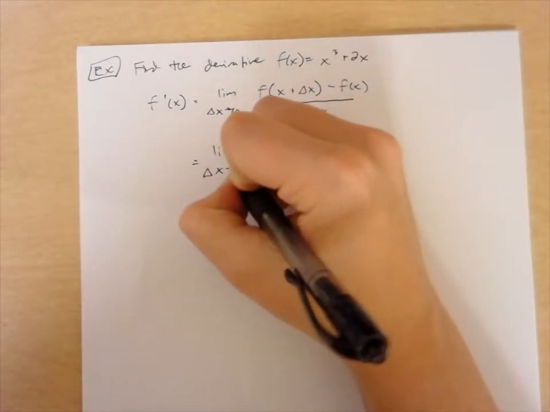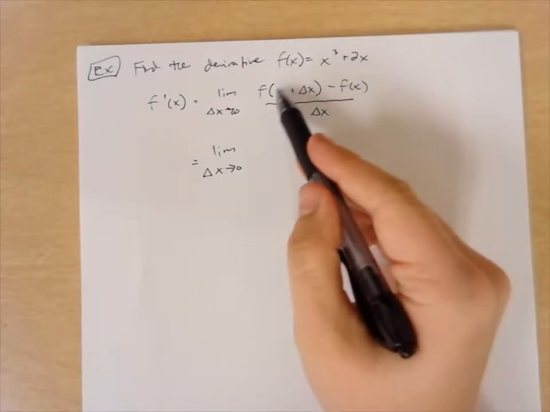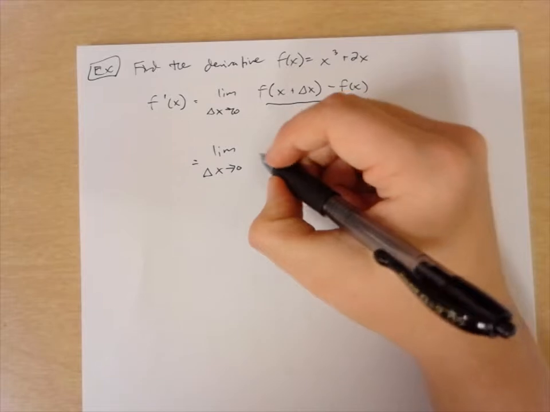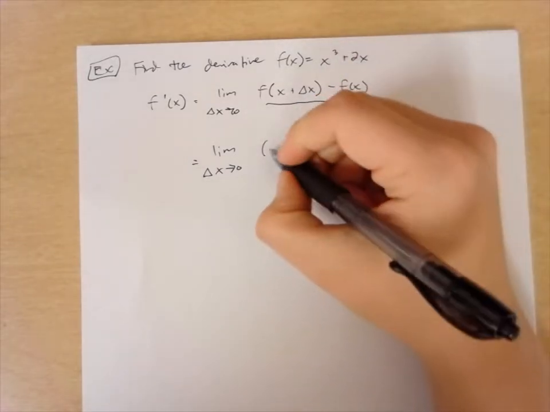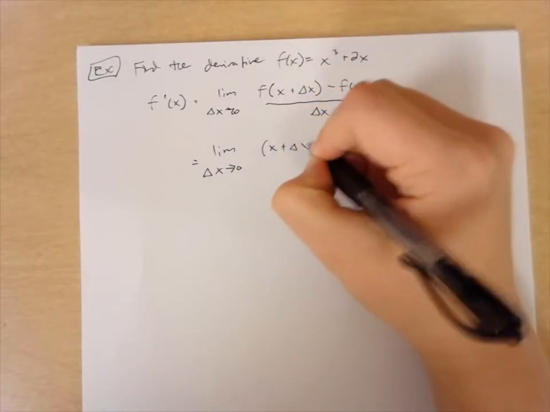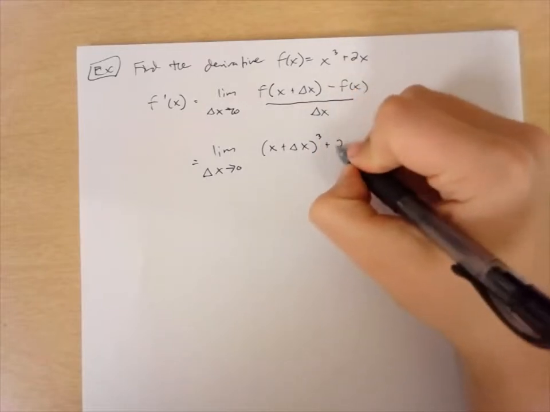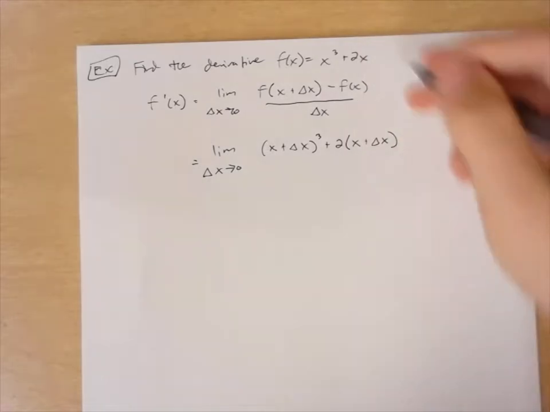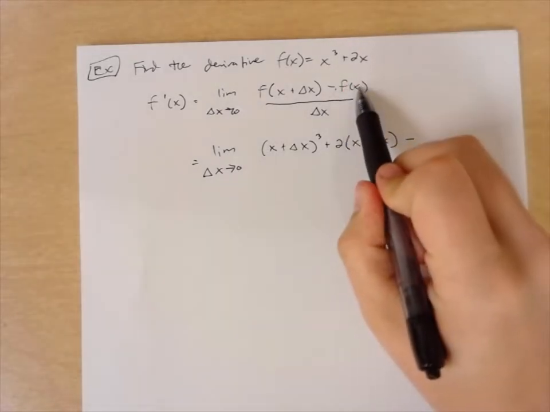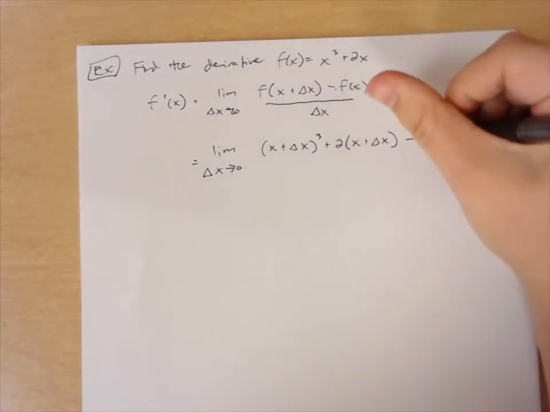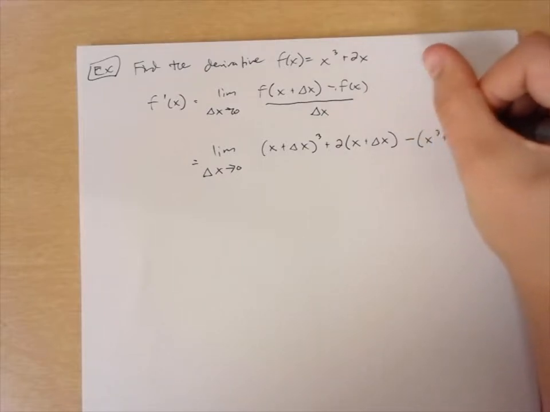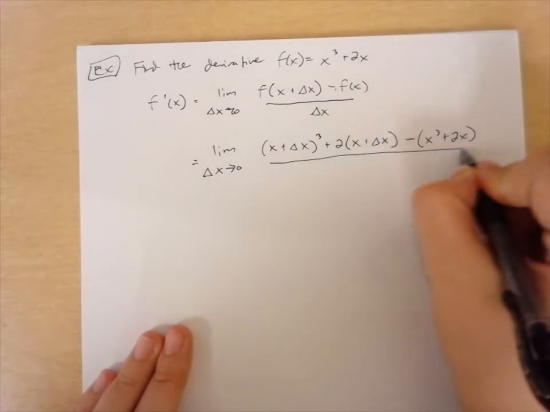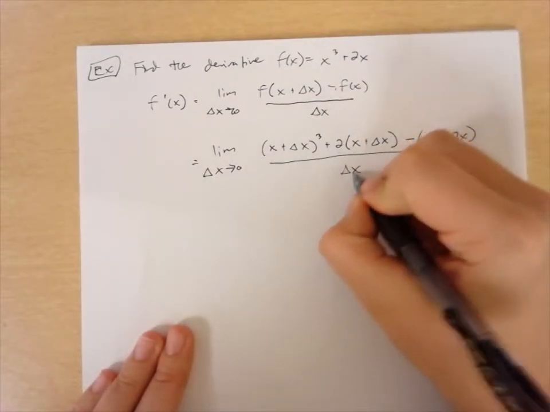So we're saying change of x approaches 0, and now we're taking this piece and replacing it with every x we see. So we're going to have x plus change of x cubed plus 2 times x plus change of x minus just regular f of x, which is this. So minus x cubed plus 2x. And we put that all over change of x.